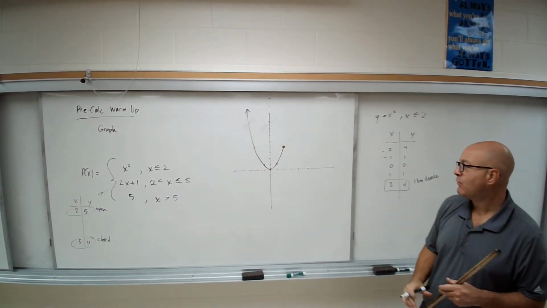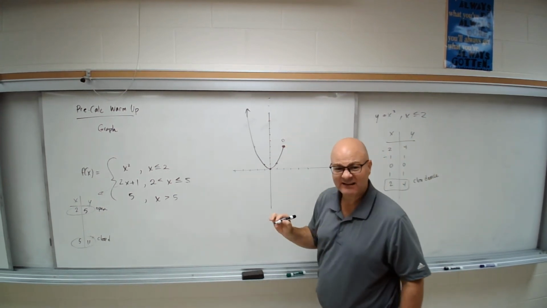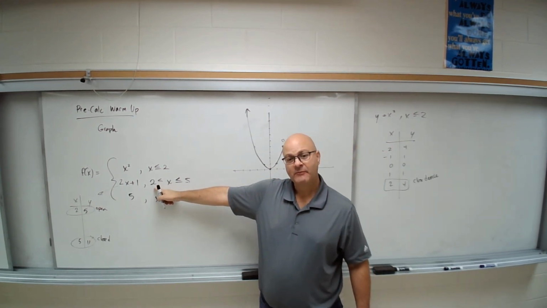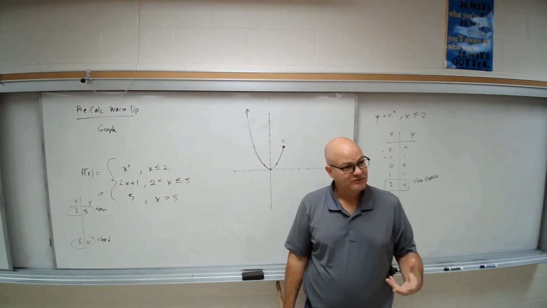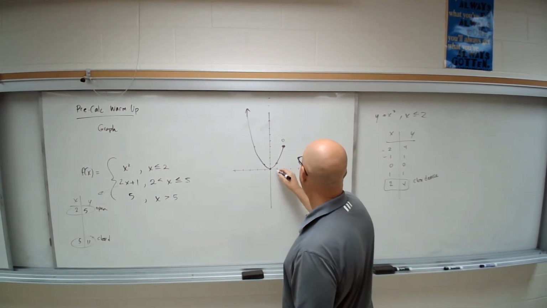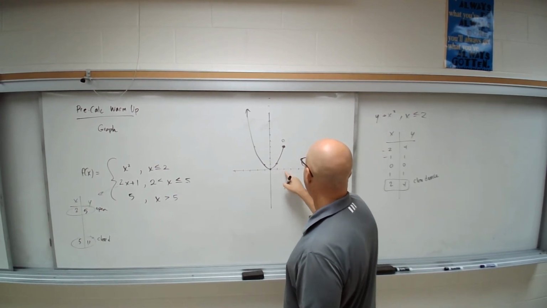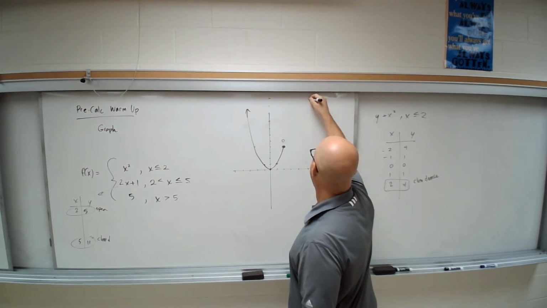So if I plot these points, 2, 5 is here, and we said that's an open circle, correct? Because 2 is not part of this domain, but everything just bigger than 2 is, so we use an open circle to indicate that. And then we have a point at 5, 11. So 2, 3, 4, 5. Made sure 11 was up here.